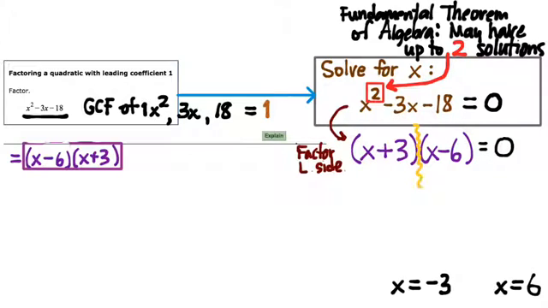So the factor comes first, but the split is the important piece, and it comes second. And when the split happens, that 0, and we'll talk about the importance of that 0 in a minute too, becomes the right-hand side of two new equations, each of which has one of the original factors in it. x plus 3, x minus 6.